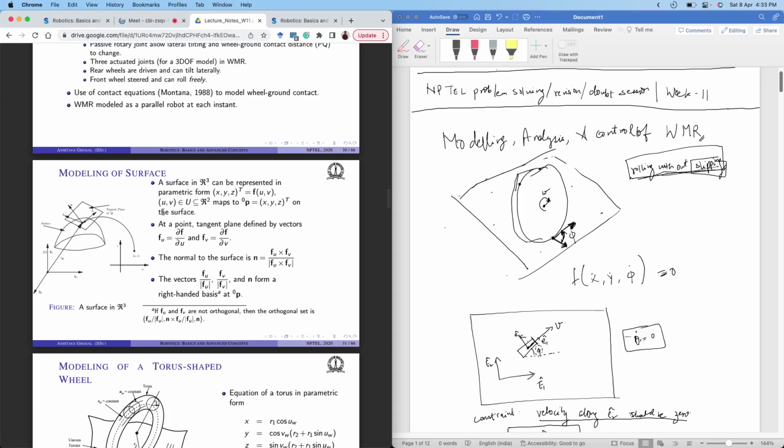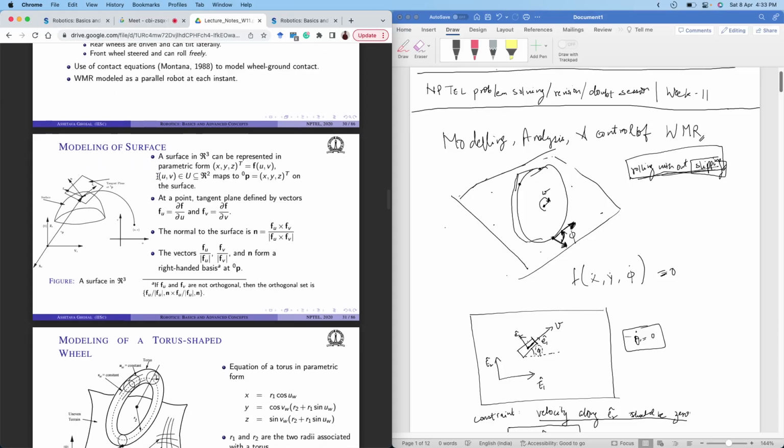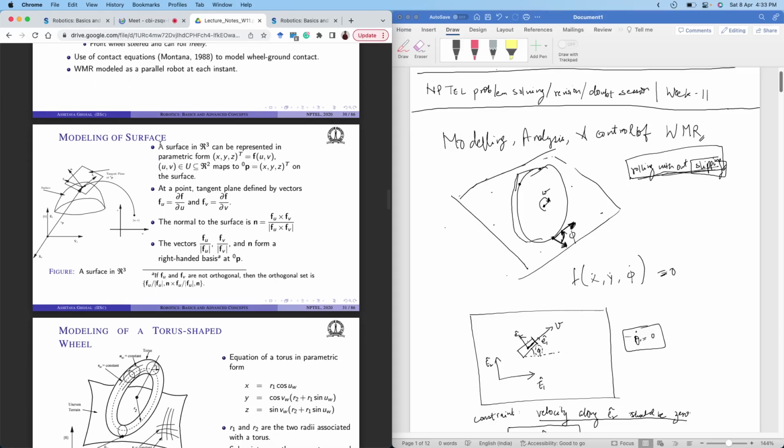But what the lecture notes further talk about is modeling of a surface, how a surface is modeled. A surface is a 2D geometry, right? So in parametric form it can be represented by two variables.